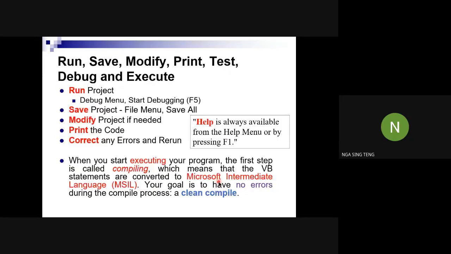When you start executing your program, the first step is called compiling, which means that the VB statements are converted to Microsoft Intermediate Language. Your goal is to have no errors during the compile process, a clean compile. The same goes for C++, the same goes for VB.NET. Error free.